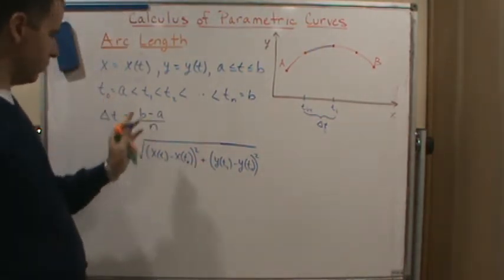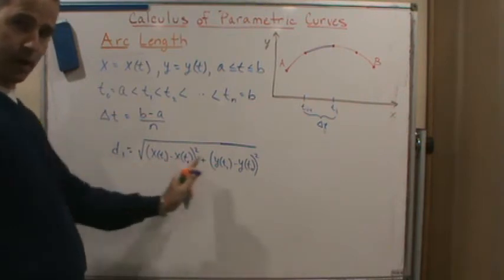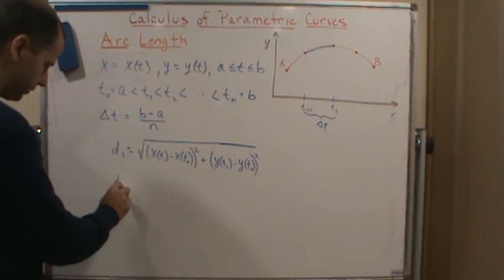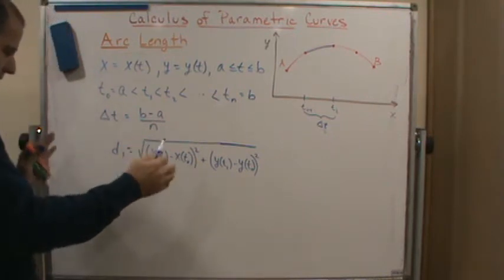So now that would be the first line segment from t0 to t1, the length of the line segment. Then we're going to do d2, the next line segment.